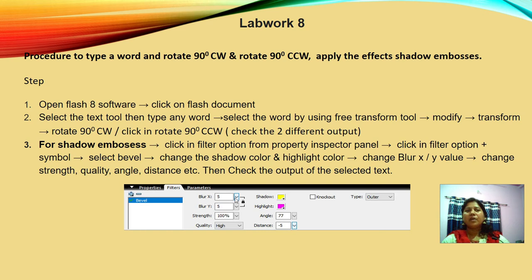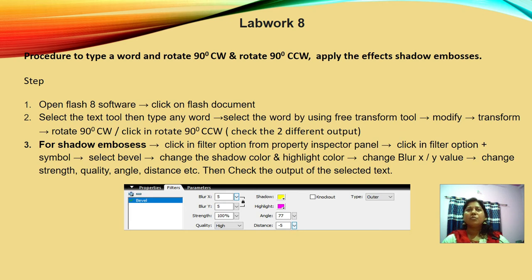Blur X and Y values can be increased or decreased, strength and quality can be changed, shadow color and highlight color can be changed. Angle, distance, knockout, and type, outer and inner, are the different options. Change the options one by one, then check the output of your selected text.